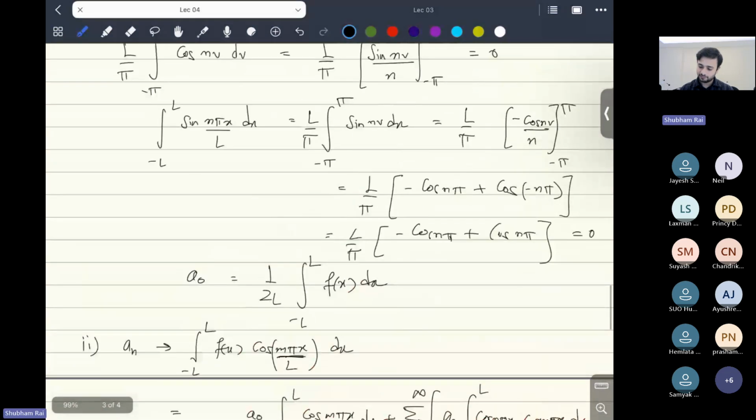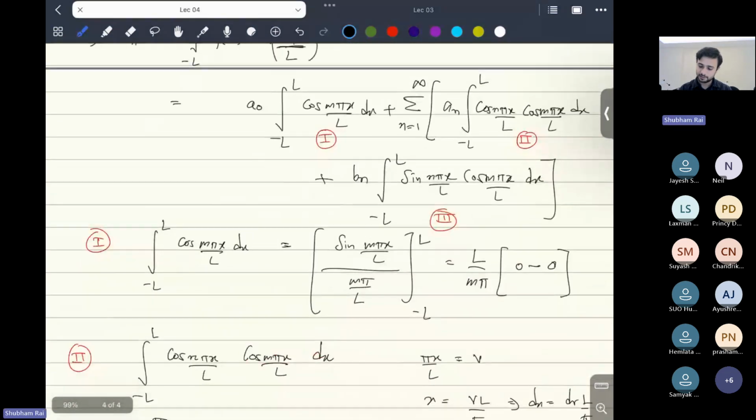What you will be left with is, when n is going from 1 to infinity, all the terms will be 0. Only a single term when n is equal to m will be non-zero. And in that case, you will get an into L, right? So this whole infinite summation of terms will shrink to only one term, that is an multiplied by L.